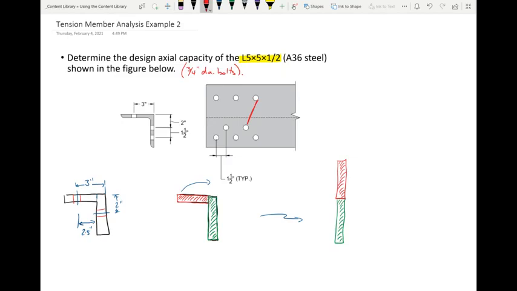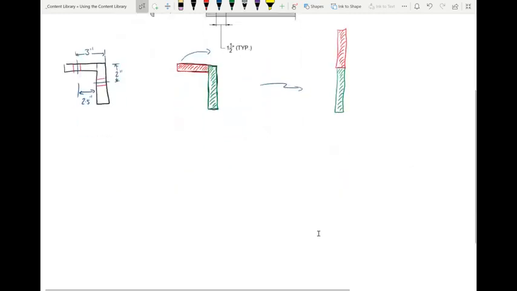We're going to do all the math with the dimensions, and we'll figure out the dimensions and all that stuff here in a bit. I just want to make sure that the concept makes sense. Okay. And if anybody has any questions, let me know. We're unfolding the angle, basically. All right.